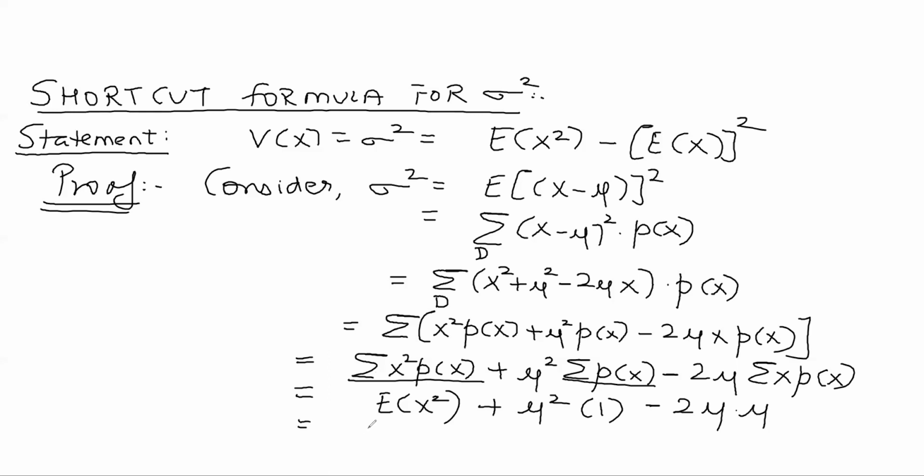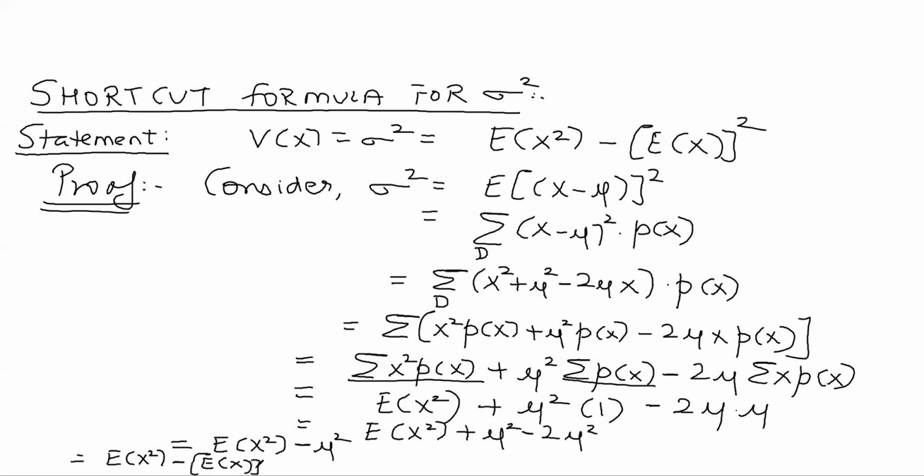So this becomes expected value of x square plus mu square minus 2 mu square, which is expected value of x square minus mu square, which is expected value of x square minus expected value of x whole square. So hence proved.